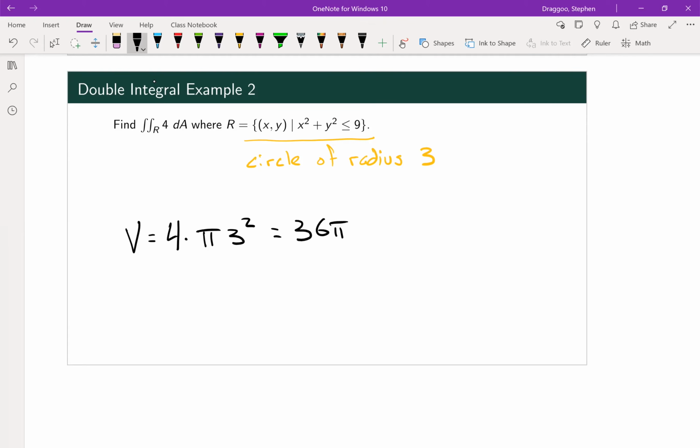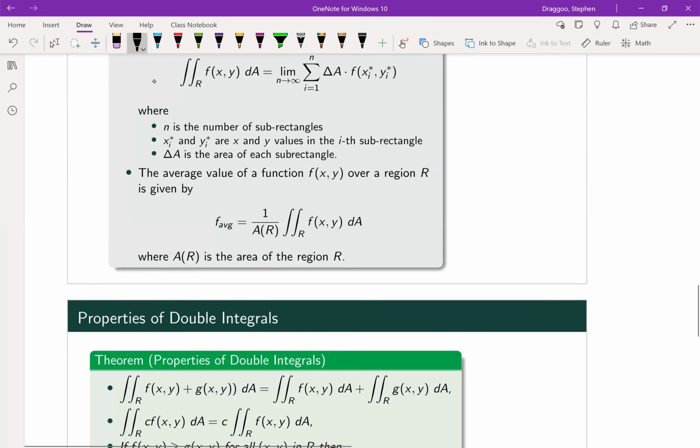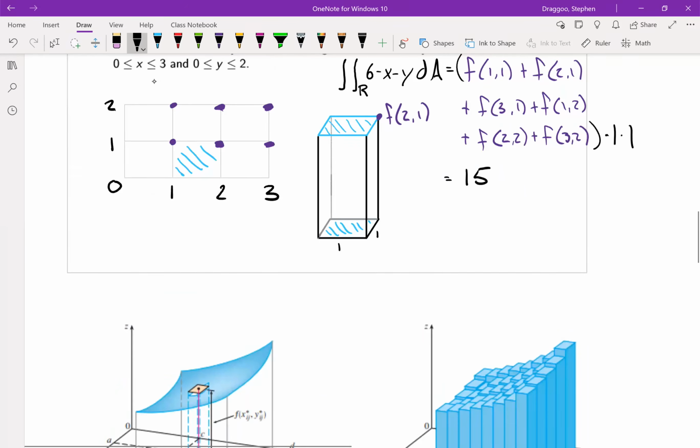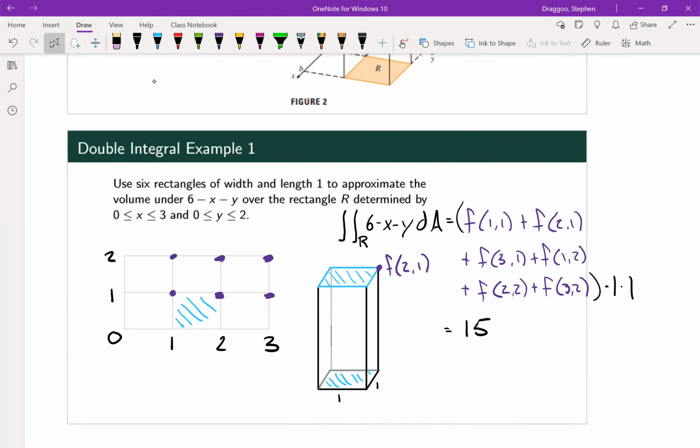Speaking of simple shapes, if we head back up to the first example real quick. So we approximated a volume here, but we could have used some simple geometry to get an exact value for this problem as well.